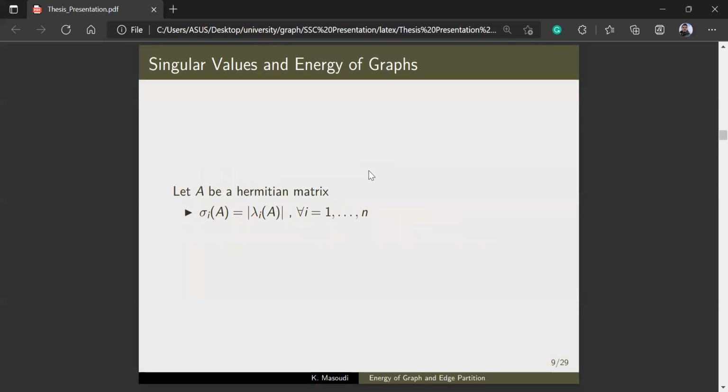Now let A be a Hermitian matrix. It is easy to see that sigma_i(A) is equal to the absolute value of lambda_i(A).